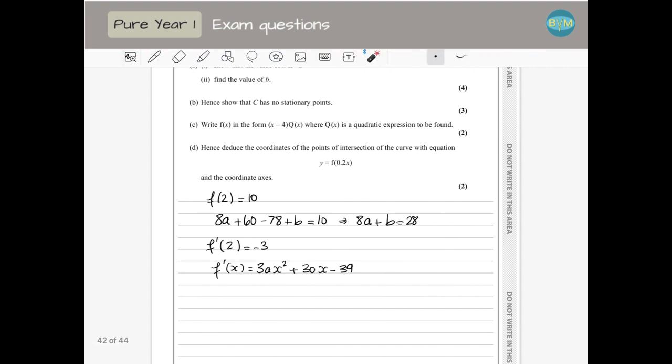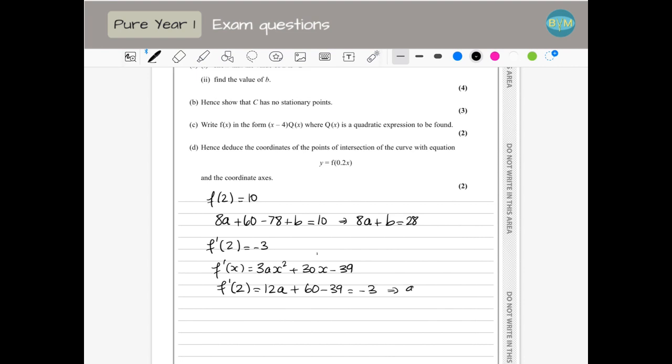So I have 2 squared is 4 times 3, 12. So f prime of 2 is going to be 12a. And then 30 times 2 is 60. So plus 60 minus 39 is going to be minus 3, which means I just have one unknown, which is a.